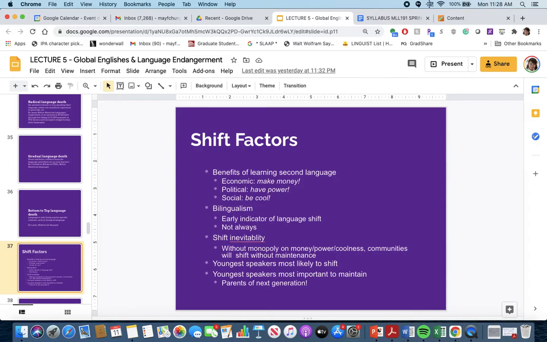Bilingualism is an early indicator of language shift. When you teach your children to speak a certain language, that creates a bilingual student, but not always, because there are some indications, and I probably read this in your linguistic autobiographies, where you grow up learning a language and then you lose it, right?